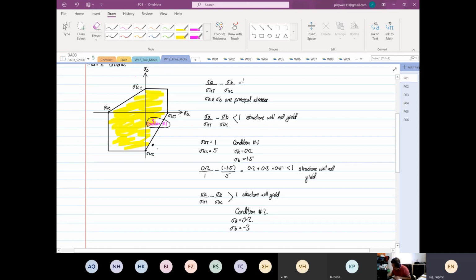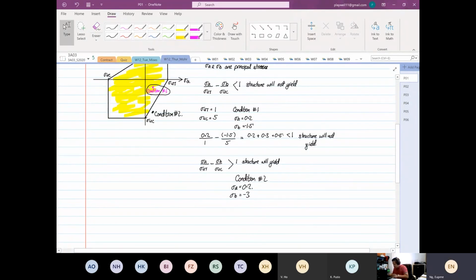Okay. So over here, we can put in 0.2, not minus 3, sorry, stress B is equal to minus 4.5. Over here, we come up with a value. So stress A is 0.2 divided by 1, then minus minus 4.5 divided by 5.